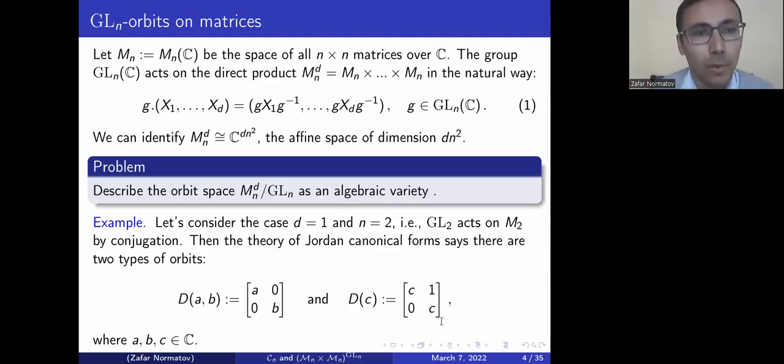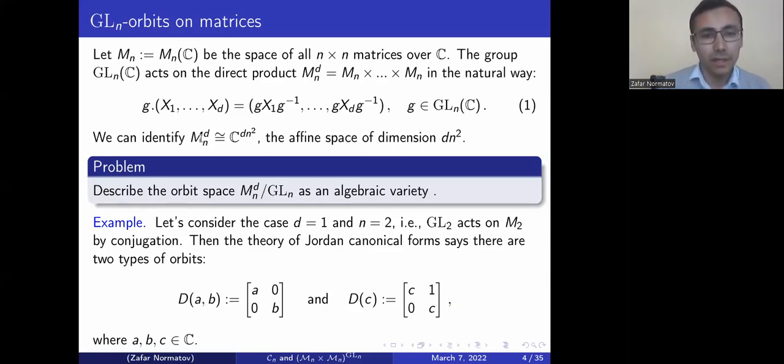Now we talk about GLn-orbits on matrices. Let Mn be the space of all n by n matrices over the complex number field C. The group GLn acts on the direct product by simultaneous conjugation. We can identify the direct product as the affine space of dimension d n squared.